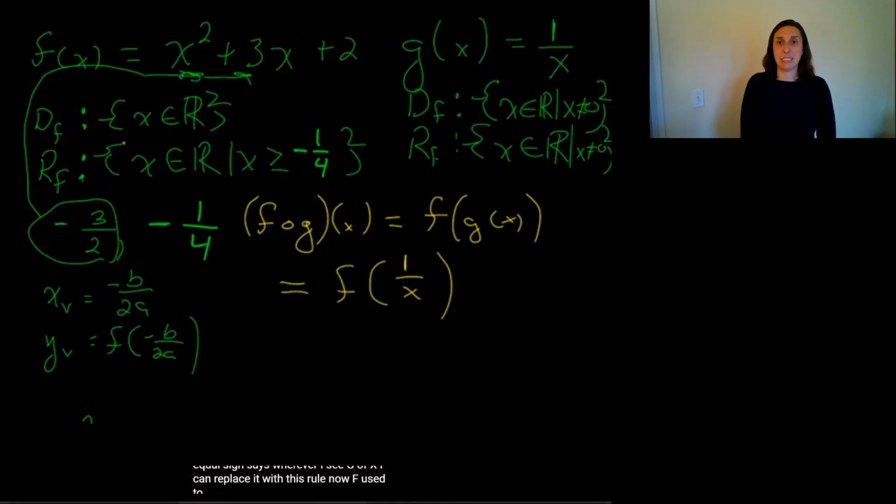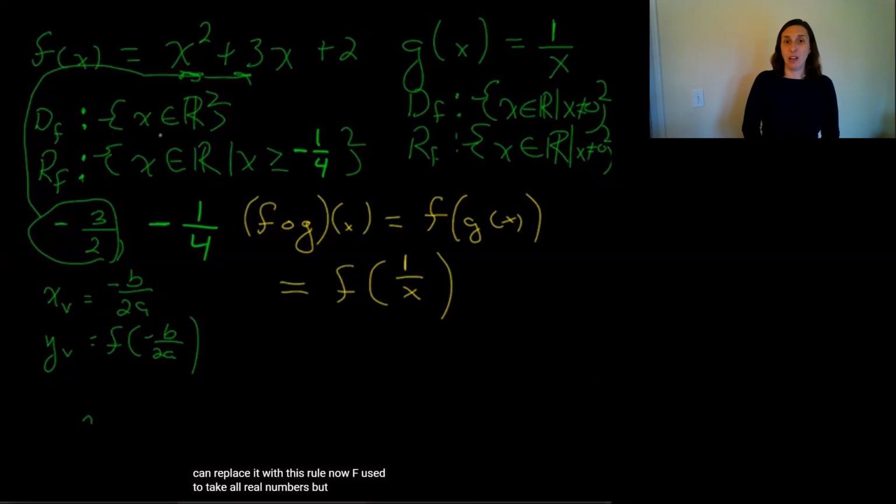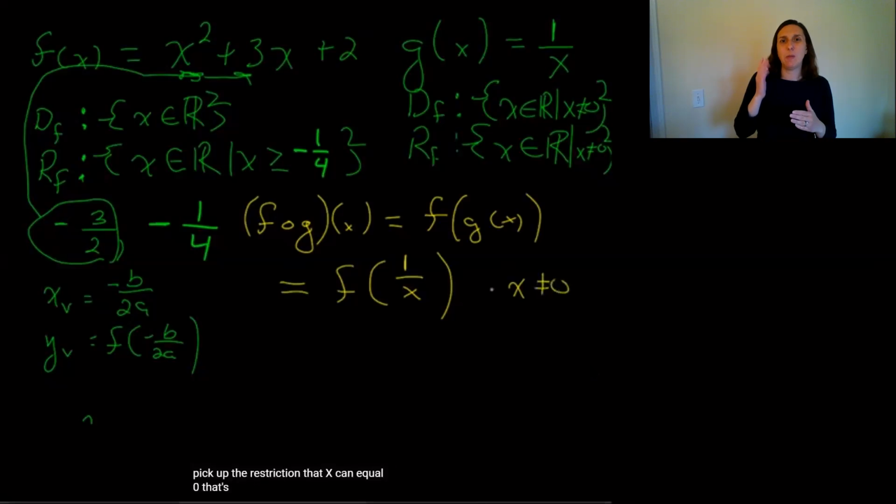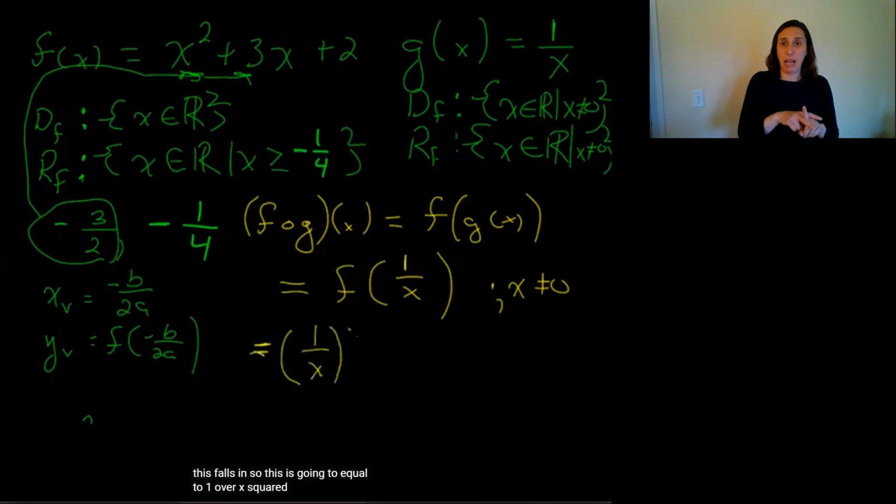Now, f used to take all real numbers, but this new thing, where I compose it of g, is going to pick up the restriction that x can't equal 0. And that's going to be a restriction we're going to get in here. Now what I do is I come back here, and wherever I have x, this falls in. So this is going to equal 1 over x squared plus 3 times 1 over x plus 2.